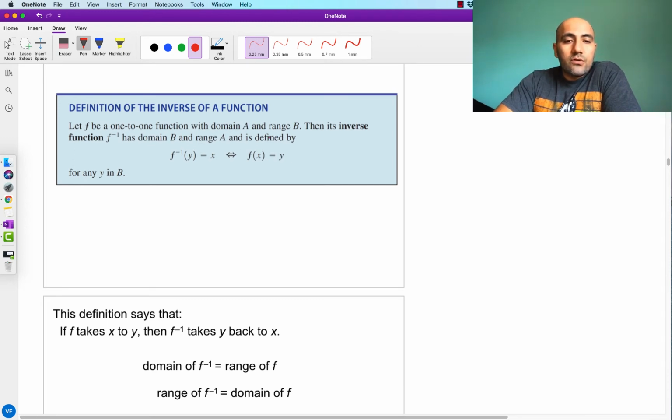So this is true only if this is true, and this is true only if that is true. So one demands the other. They depend on each other. Both of them must be true.